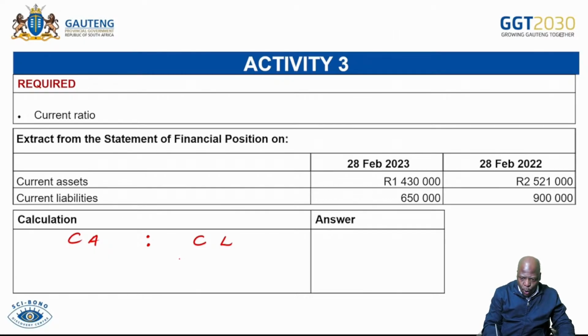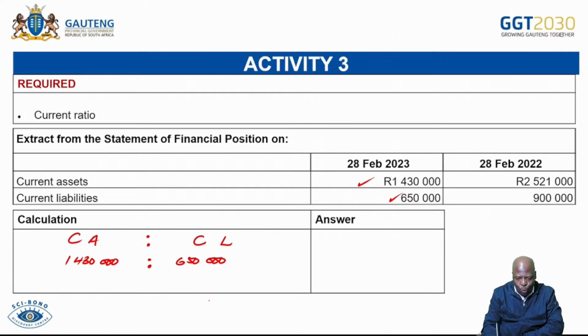Okay, so let's go. How much is my current assets? My current assets is 1,430,000. So I'm coming here, it's 1,430,000. As to my current liabilities, 650,000. As to 650,000 over there.